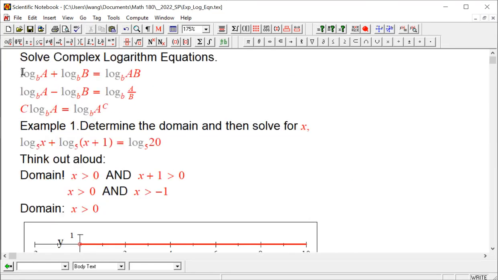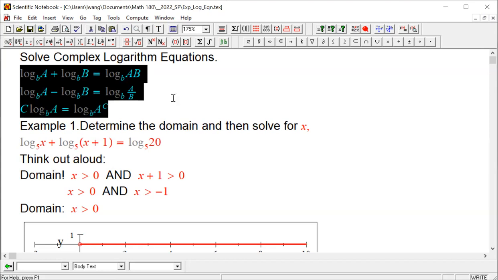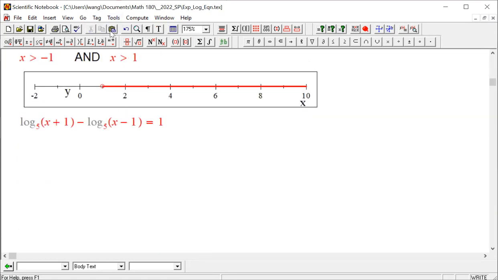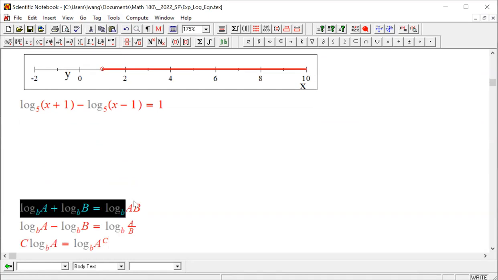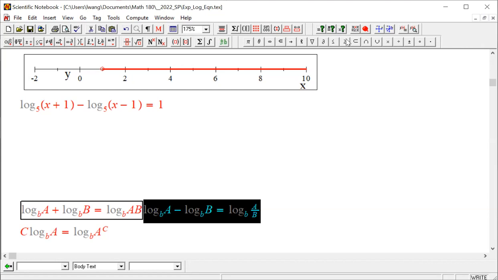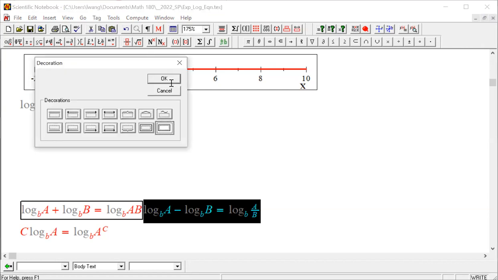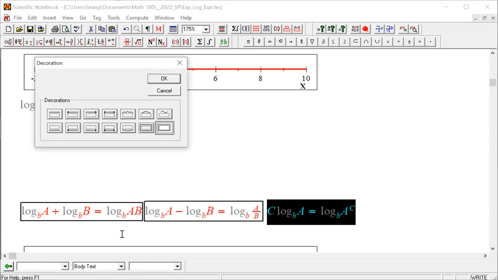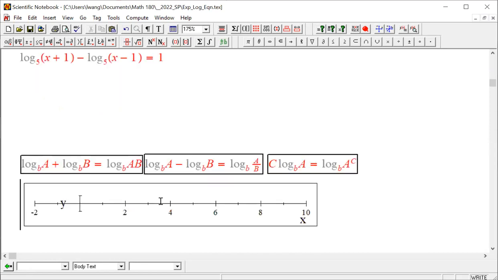So I'm going to bring our product rule, quotient rule, and power rule to our side.